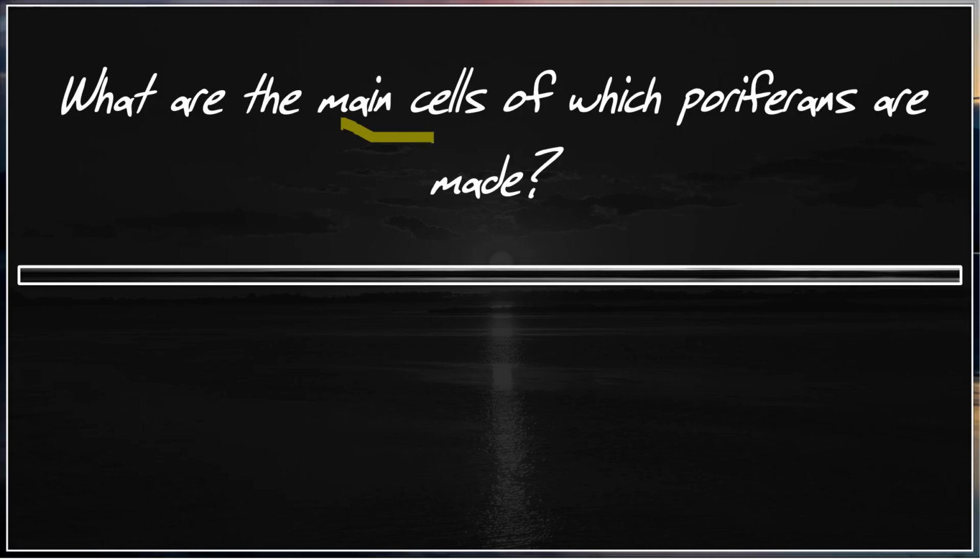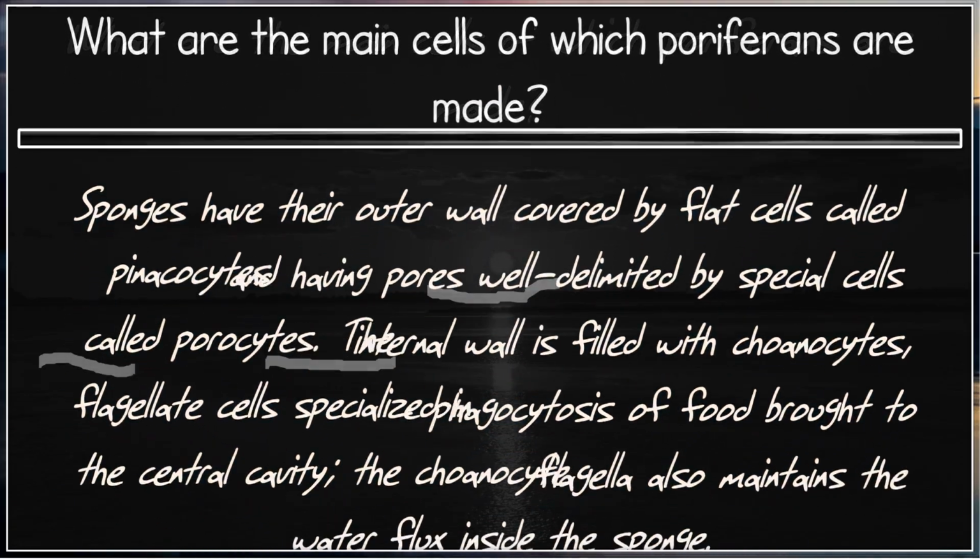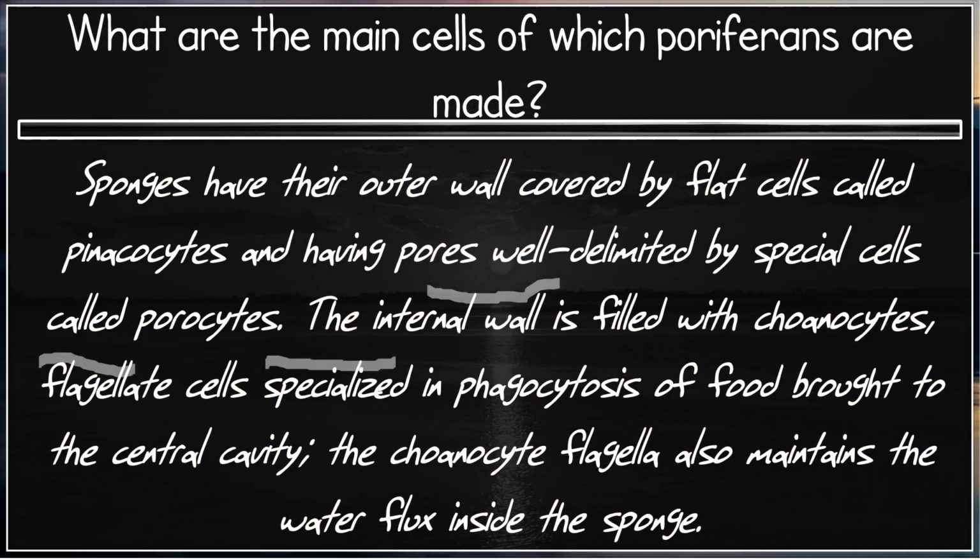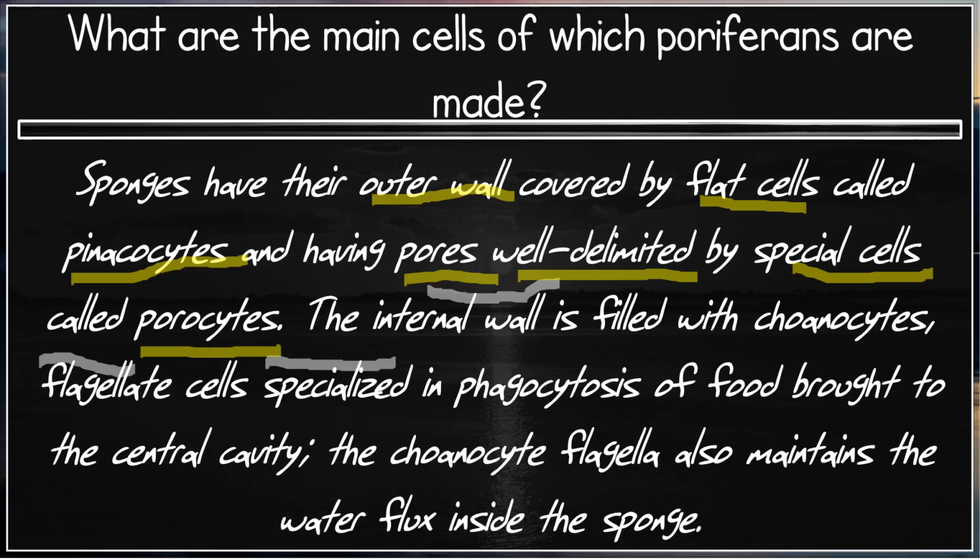What are the main cells of which Poriferans are made? Sponges have their outer wall covered by flat cells called pinacocytes, and having pores well delimited by special cells called porocytes.